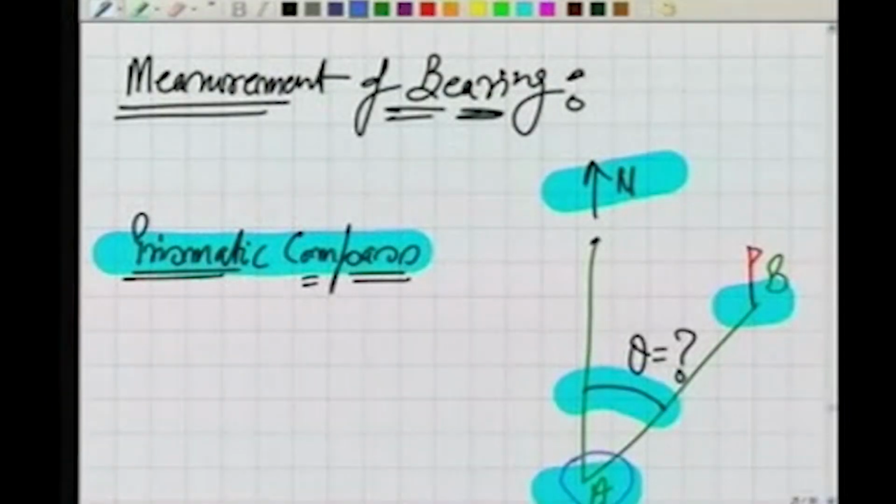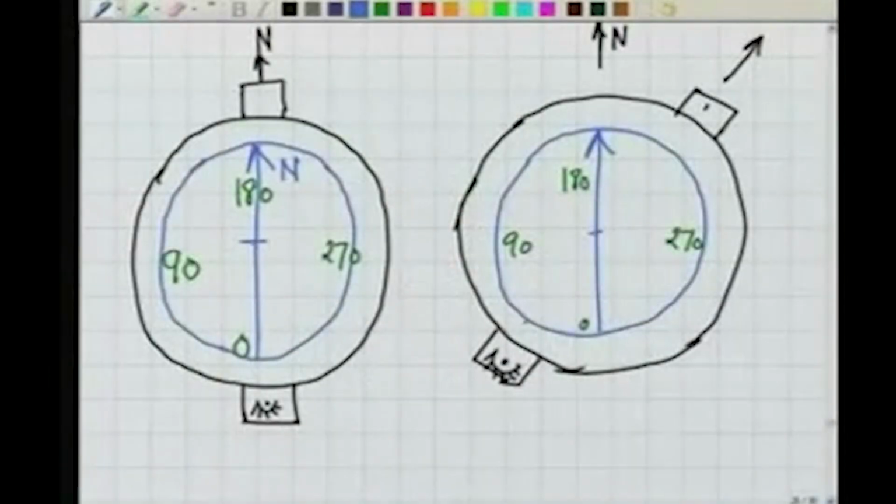Now we will see how the readings are written in this graduated circle. To measure the bearing, as we saw, we keep our prismatic compass at A. The prismatic compass is graduated in a very typical way, we should know it.